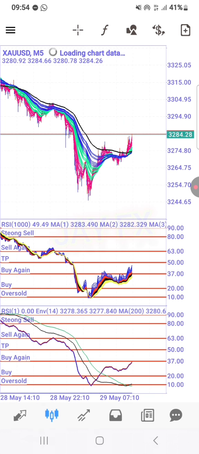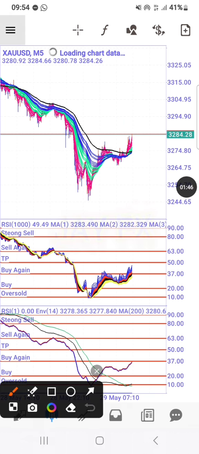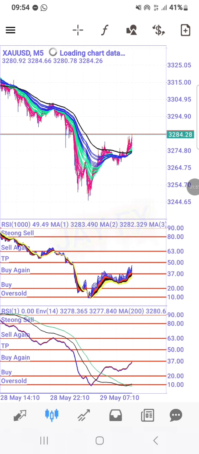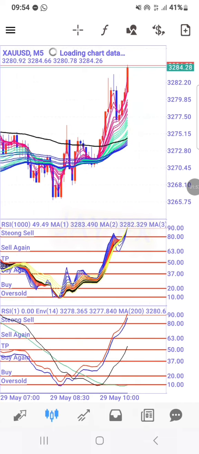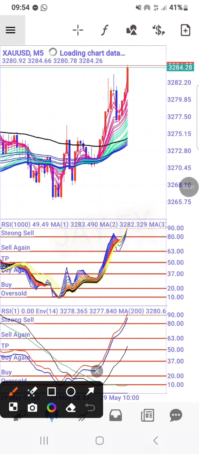So since we have confirmations, what you're going to do is buy. But also, if you are using price action, you need to understand that the downtrend trend line is being broken, and then you can just zoom in to check what is going on.